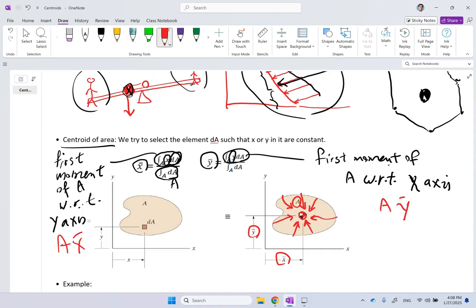Now for this one on the left, how do you find the first moment for x and y axis? You do it by integration.